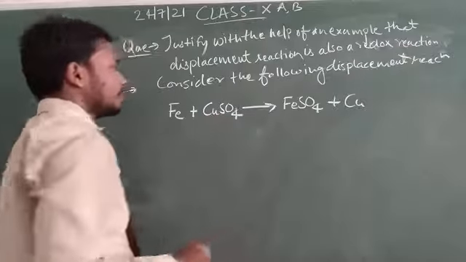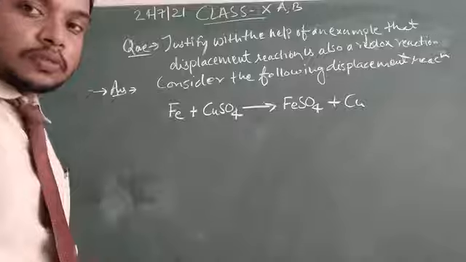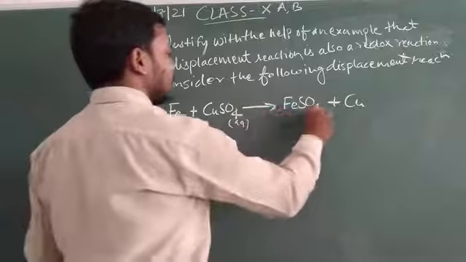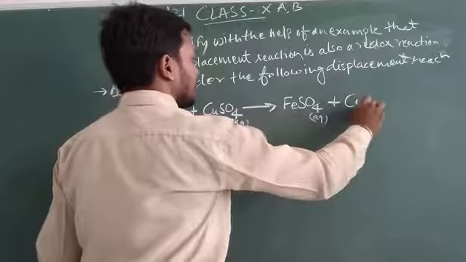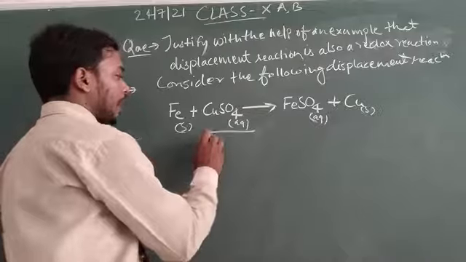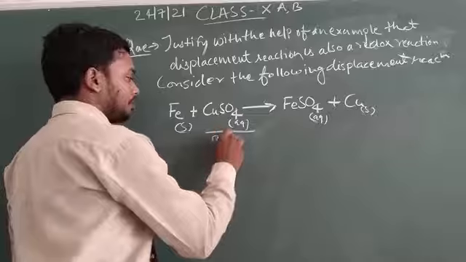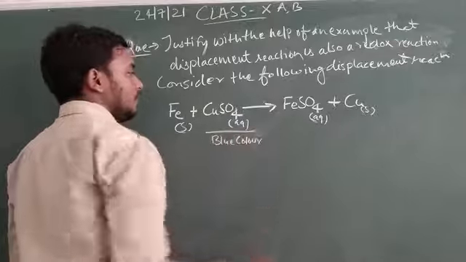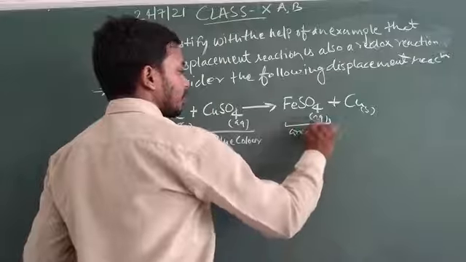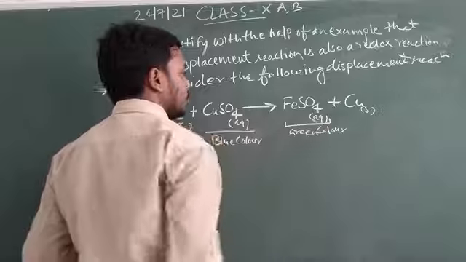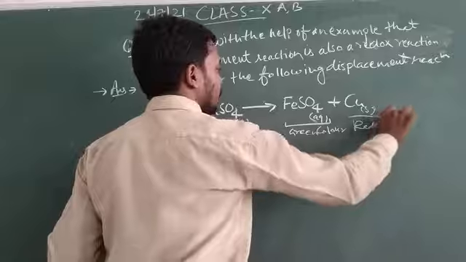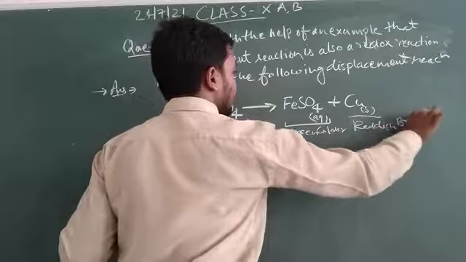Here is solid, aqueous, aqueous, solid. You know that copper sulfate is also known as blue vitriol. It's blue in color. Here is ferrous sulfate, green in color. Copper is reddish brown.